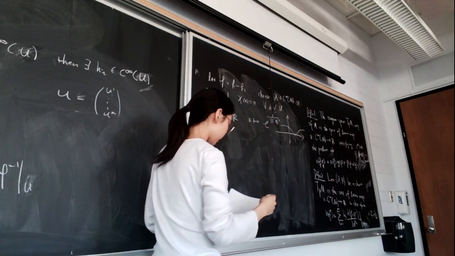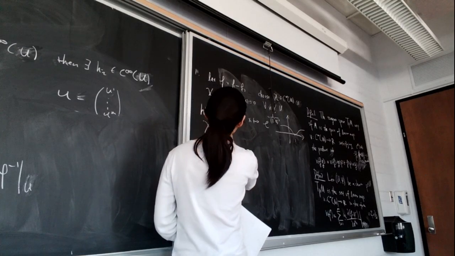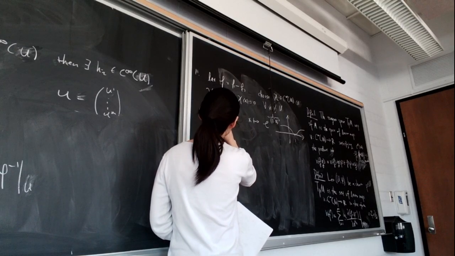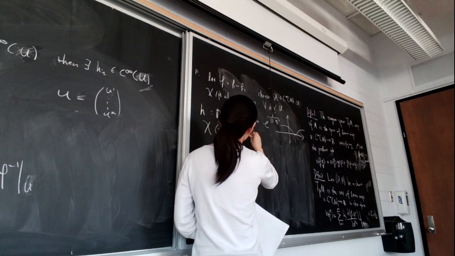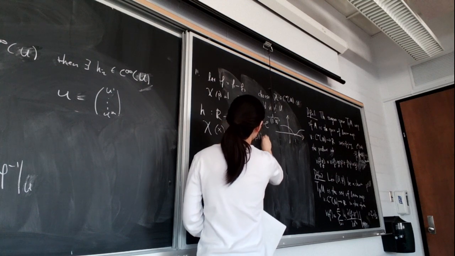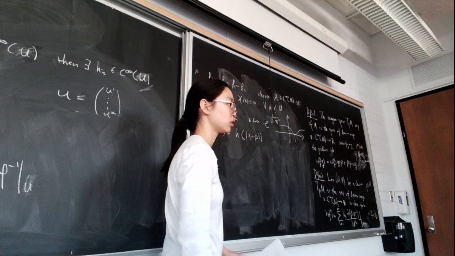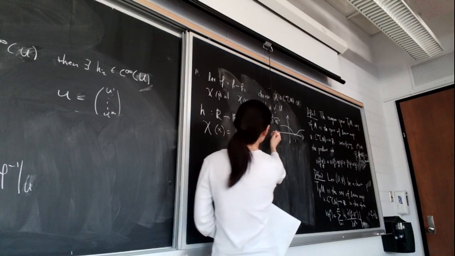And then we can define another function. We can define chi to be h of the norm of x minus p. Sorry. Actually, no, I don't want this.